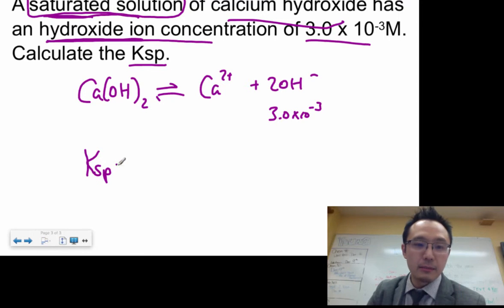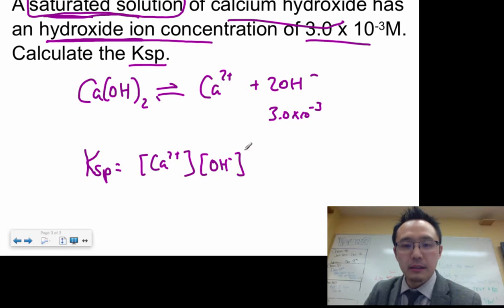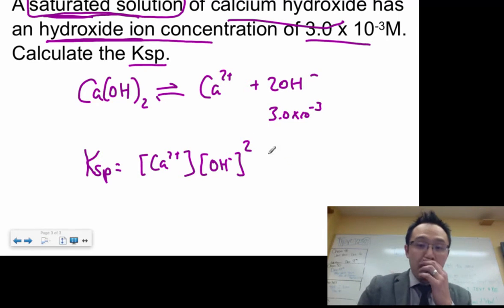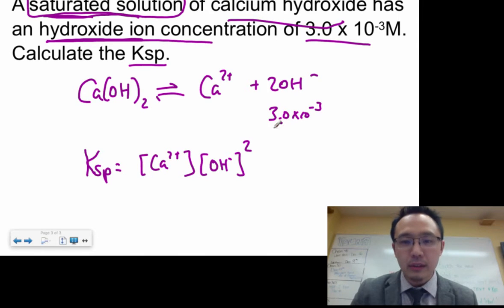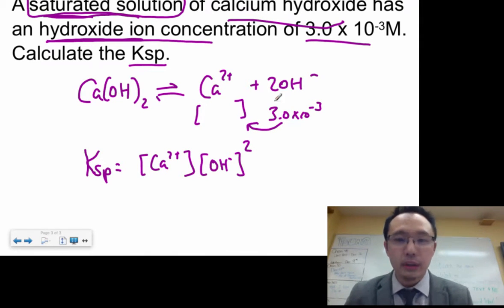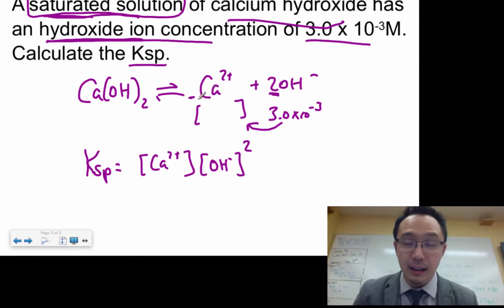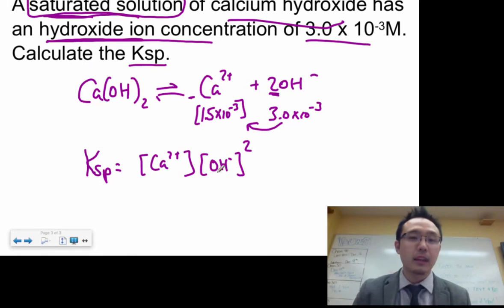So KSP is basically just going to be my Ca2 plus, and then my OH minus squared. So then I need to calculate the concentration of Ca. And we're going to use a molar ratio. So OH is 2 times as much as calcium, so calcium is going to be half as much. So this is going to be 1.5 times 10 to the negative 3.